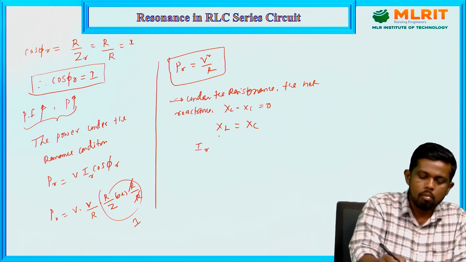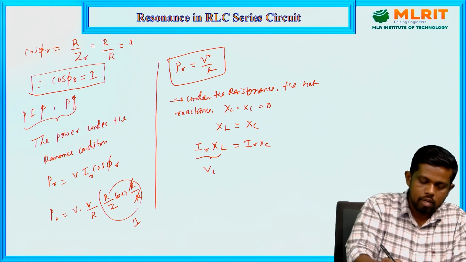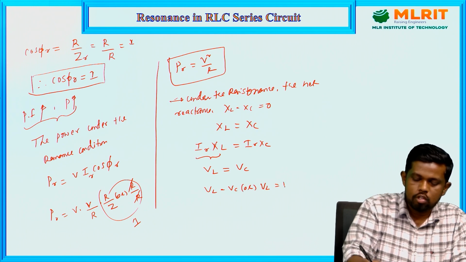So we multiply I r into both sides, that is I r into X L and I r into X C. According to Ohm's law, this gives V L equal to V C.